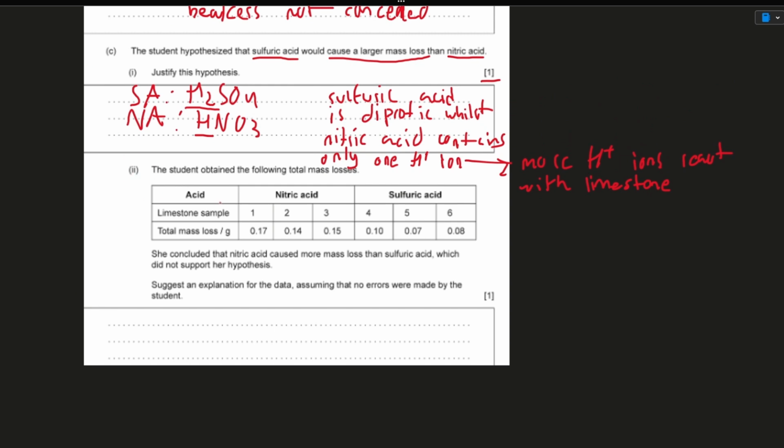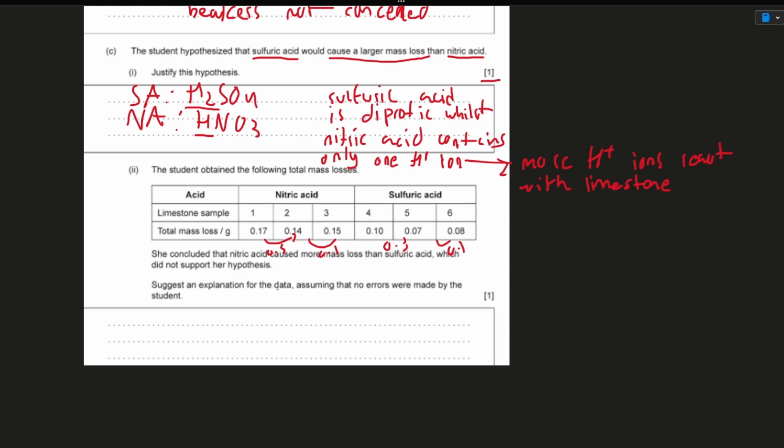And for part 2 of section C, it says the student obtained the following total mass losses. You can see nitric acid loses it by 0.3 and then loses it by 0.1. And then sulfuric acid loses it by 0.3 and then by 0.1. So she concluded that nitric acid caused more mass loss than sulfuric acid, which did not support her hypothesis.